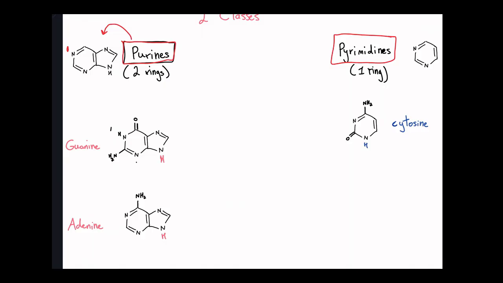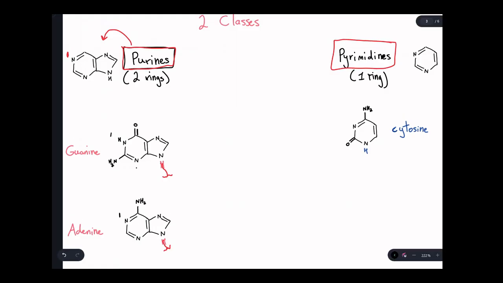In terms of numbering, this can be quite odd, and I'm going to go through numbering these together. You'll note that this red hydrogen is actually where the DNA base will be connected to the sugar backbone, right? That ribose sugar backbone. So that's actually going to be nitrogen 9. And what we're going to do is almost draw an S shape over the molecule like this.